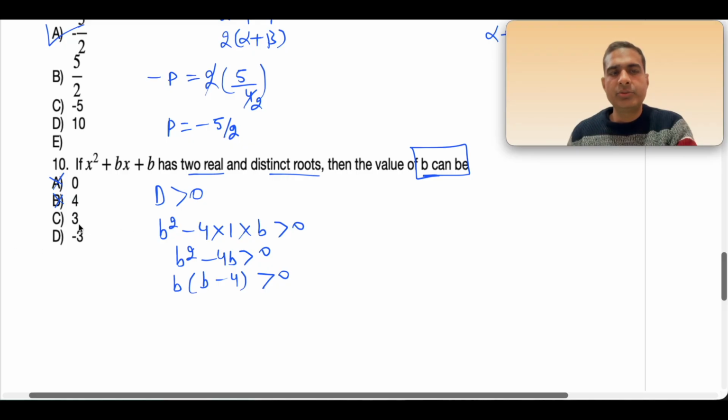Now if we substitute 3, the sign of b minus 4, that is 3 minus 4, will be negative and b will be positive. So positive into negative is negative, and negative cannot be greater than 0. So this also cannot be our answer. So option D will be our answer, that is minus 3.